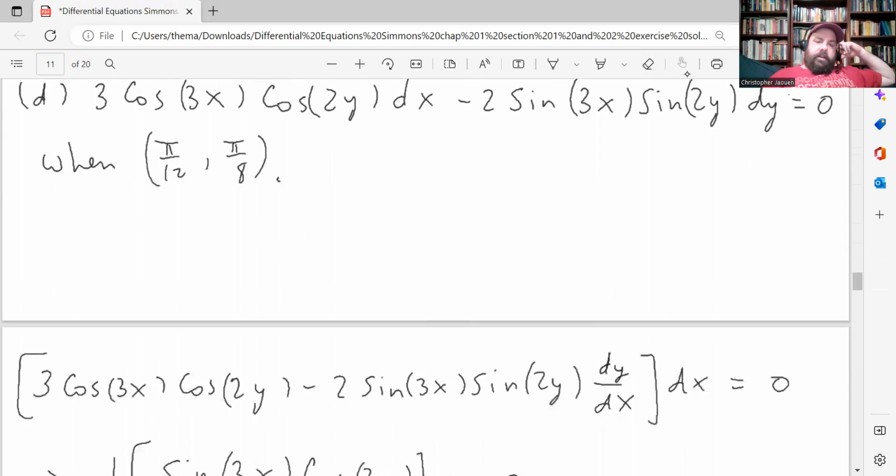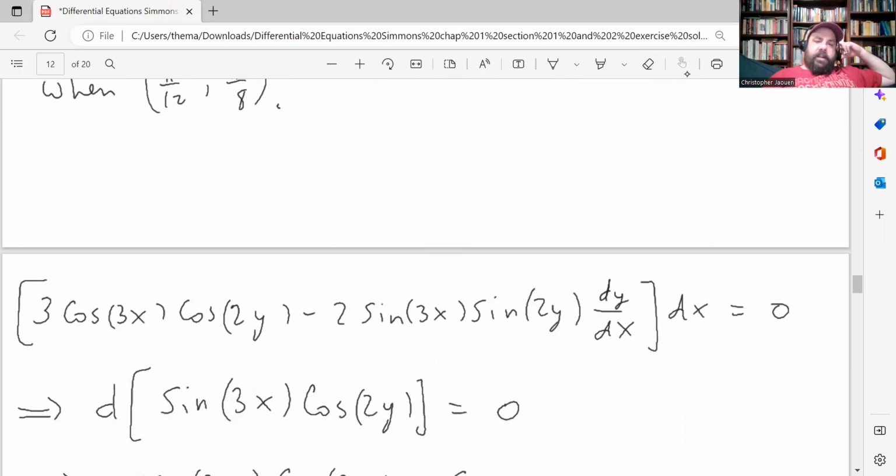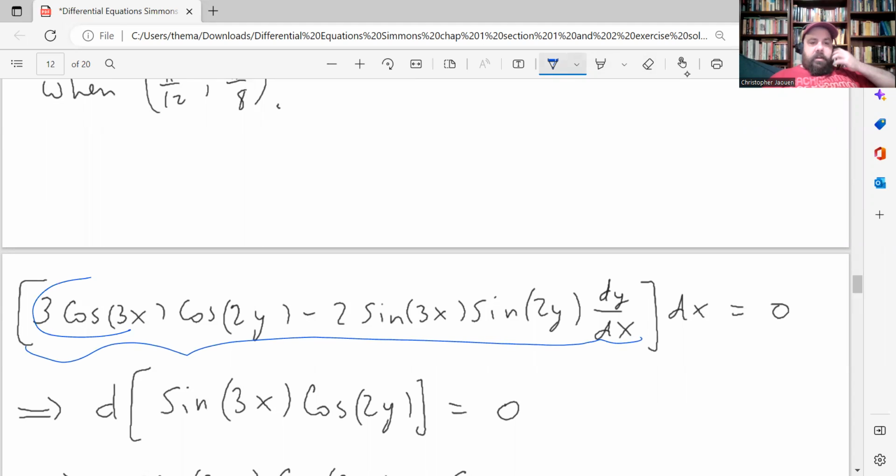All right, and here, if you notice, this is an exact differential if you factor out the dx. And if you look at the function that we have over here, this part is the derivative of this.